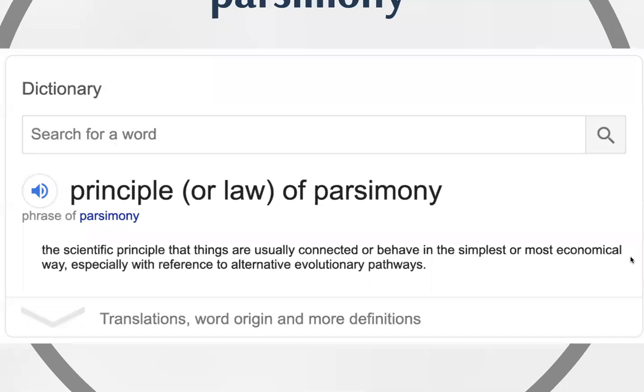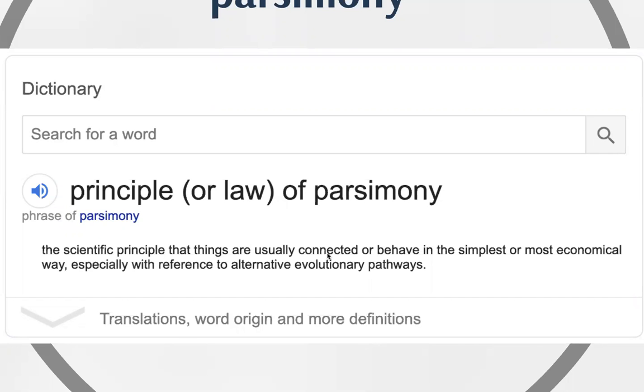You also have this idea of parsimony, and we're talking about parsimony and Occam's razor. When we are looking at a scientific idea, or any idea, and we're trying to work out a conclusion from it, usually the simplest explanation is usually the most correct one.